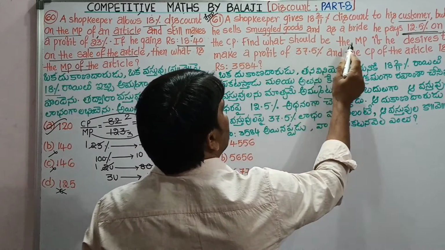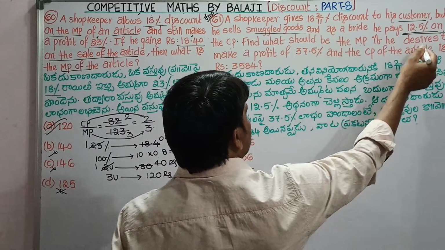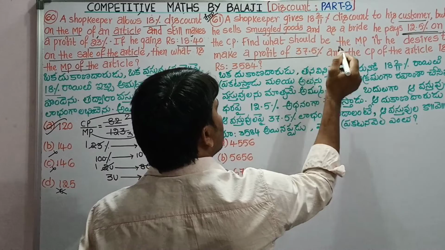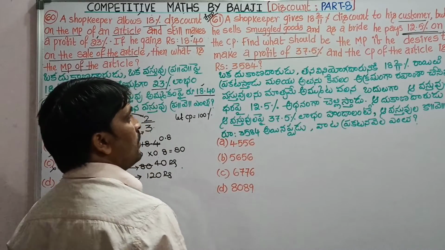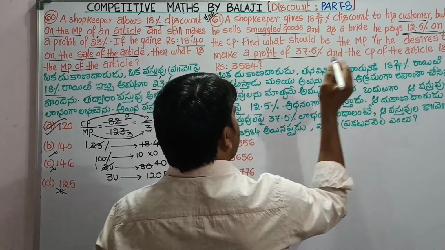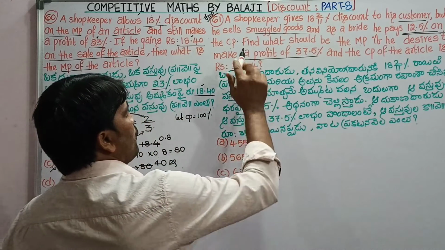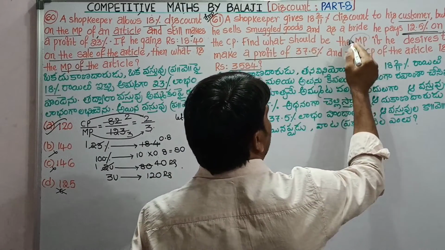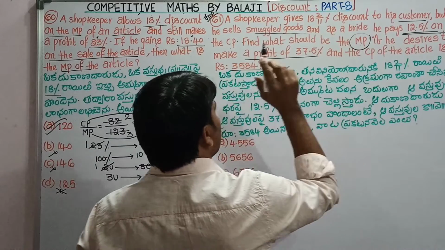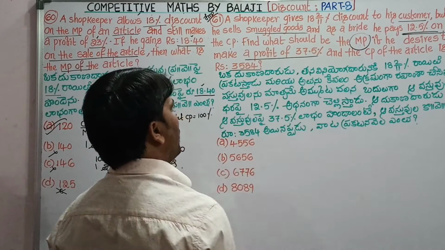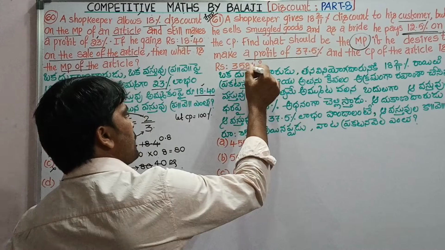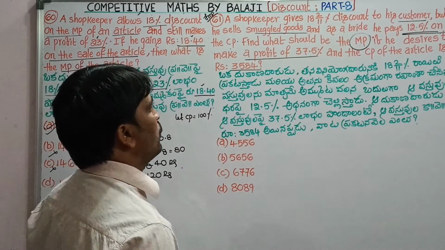Find what the market price should be if he desires to make a profit of 37.5%, and the cost price of the article is 3,584.